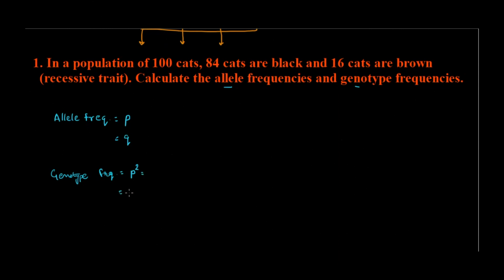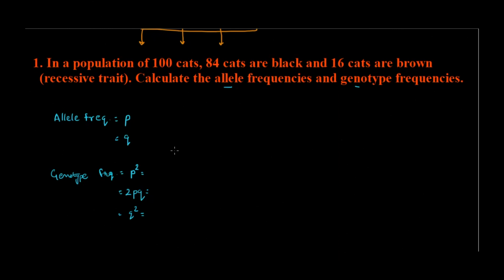We need to find out 2pq, that is the frequency of heterozygous condition, and we need to find out q², that is the frequency of homozygous recessive. So these 5 things we will look at generally when we are dealing with such problems.